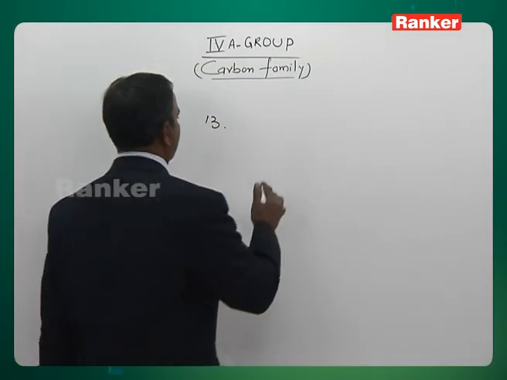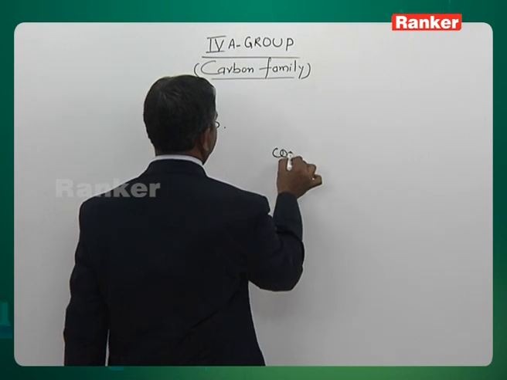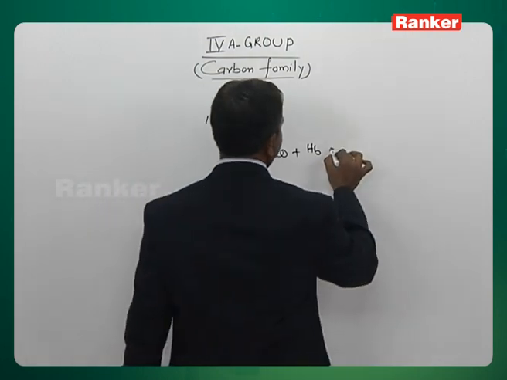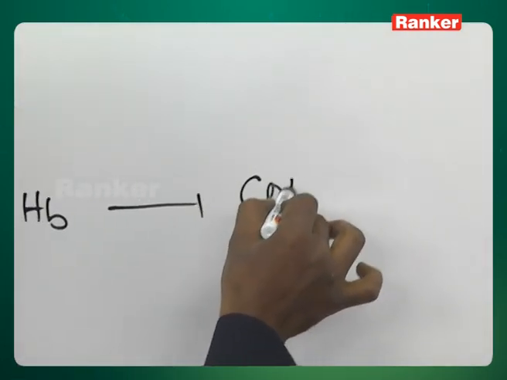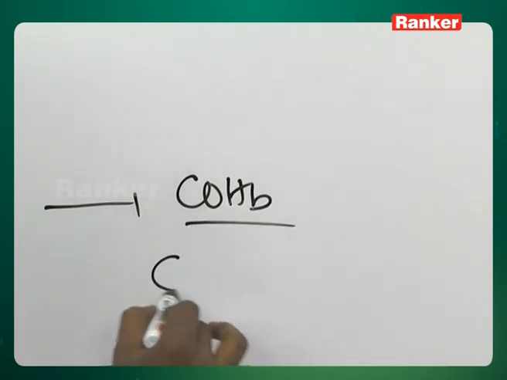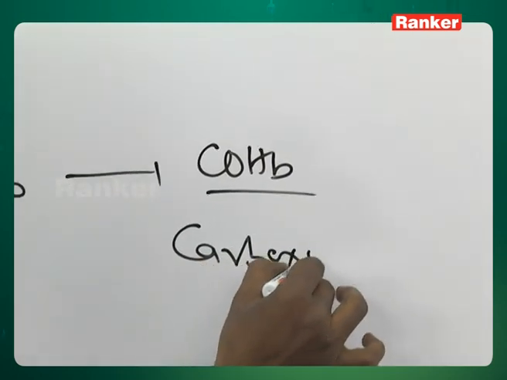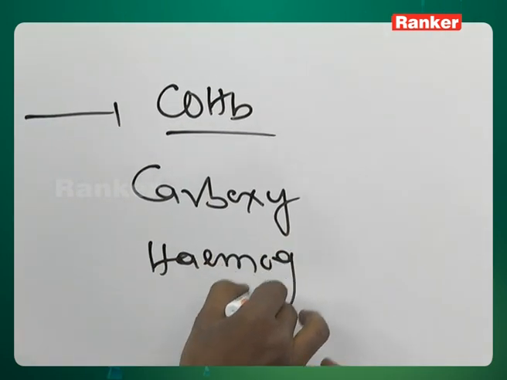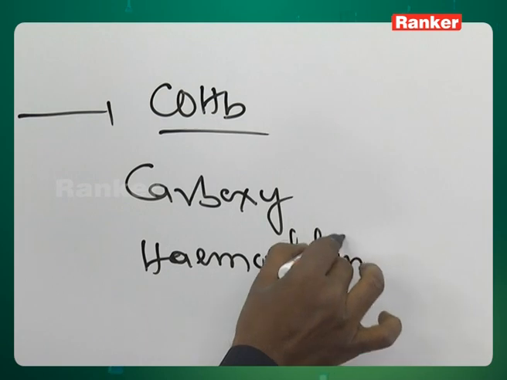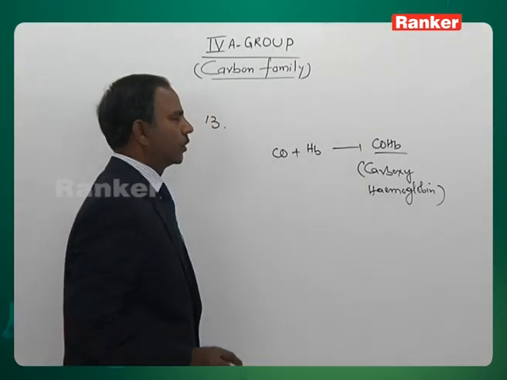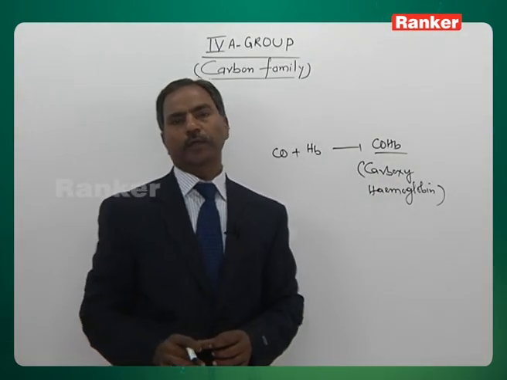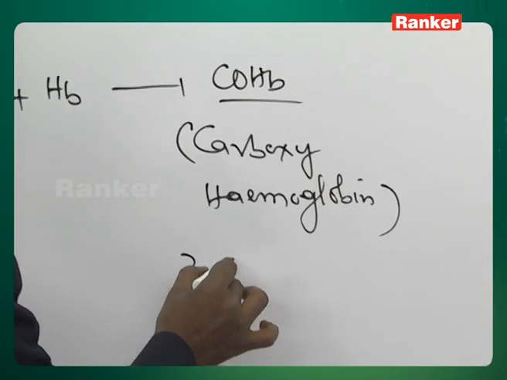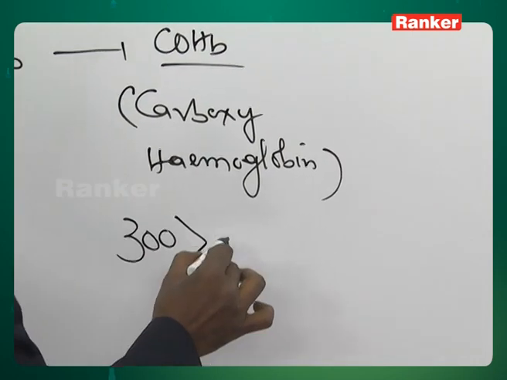See, generally, whenever you are inhaling carbon monoxide, it combines with the hemoglobin molecules in the blood, forming a highly stable carboxyhemoglobin. This carboxyhemoglobin is nearly 300 times more stable than oxyhemoglobin.